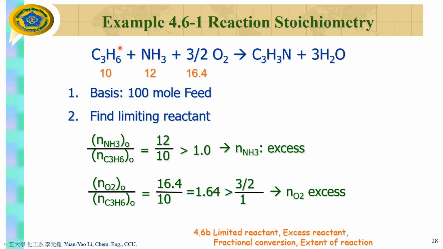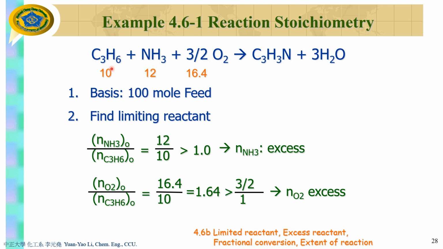Okay. So before I show you the mole here, you understand oxygen is always cheap, right? You don't know which one is more expensive, but you understand this is cheap. So this one will be the excess reactant. But compared to this one, which one will be the limiting reactant?